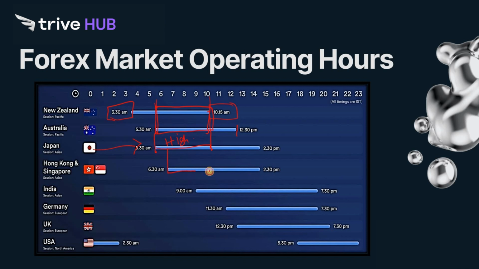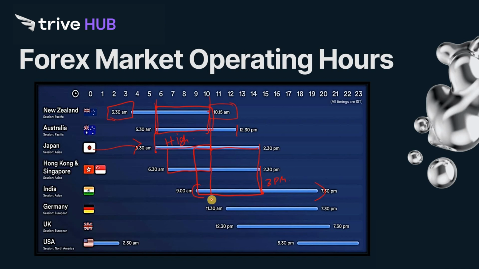and there is one more session overlapping, which is Hong Kong and Singapore. So of course it will combine up to a very huge volume. During the Indian session, when these three sessions are overlapping, for Indian players the best time to trade is from 9 am to 2:30 pm.